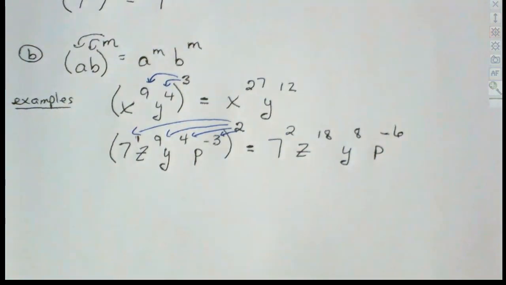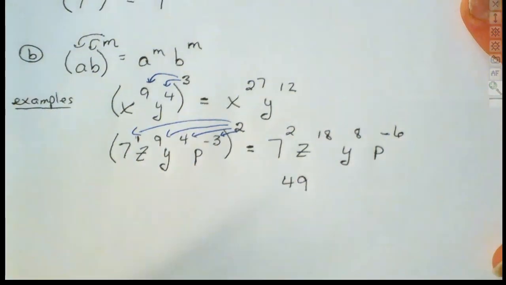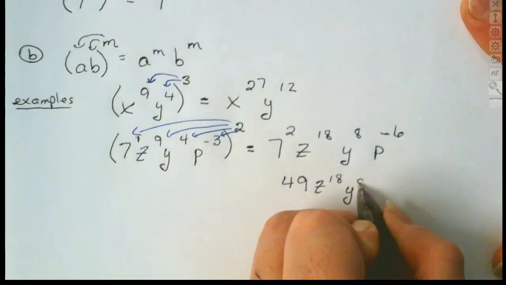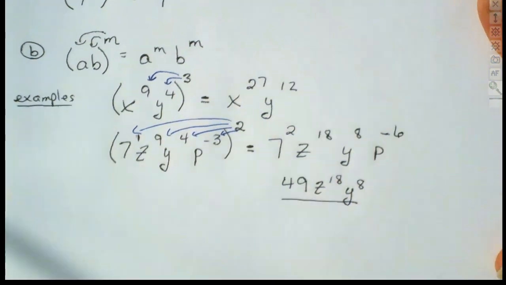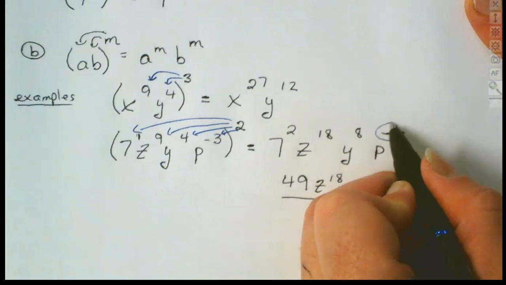Yeah. Now, we do want to go ahead and break this down as much as possible. So if the exponents are small with the numbers, we want to break them down. 7 squared is pretty small because 7 squared is 49. We've got z to the 18th power. We've got y to the 8th power. But what about this negative right here, p to the negative 6th?